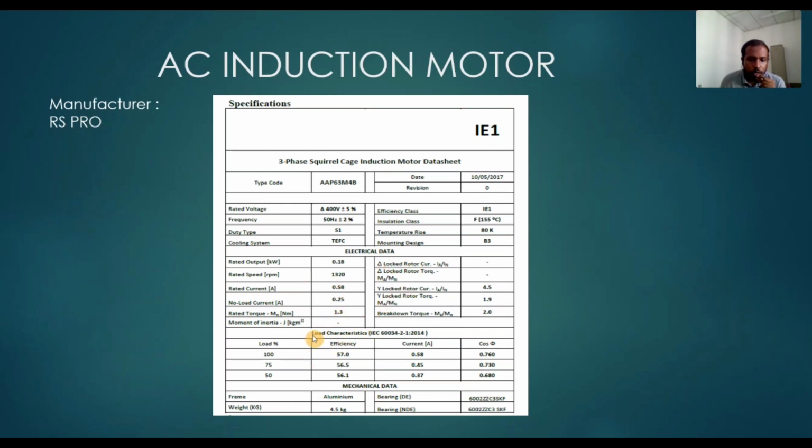And for the load characteristics, at 100% load, efficiency is 57.0, current is 0.58. For the 75% load, efficiency is 56.5, current is 0.5 ampere. The 50% load, efficiency is 56.1, current is 0.37 ampere. That's all from me. Thank you.